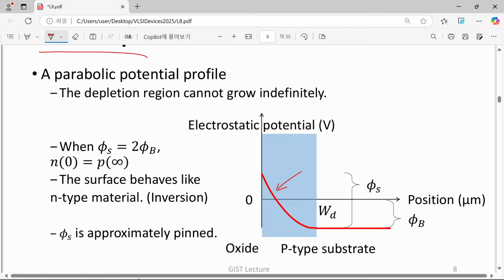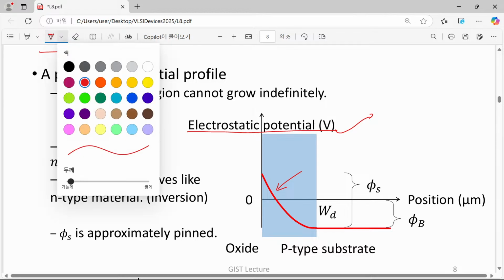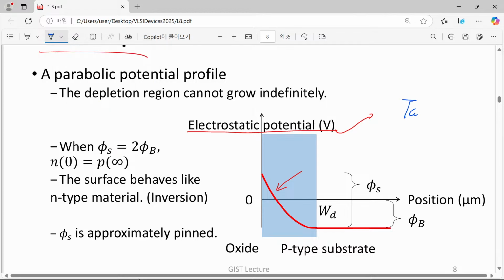Now you can see that if we just consider the potential profile, we will have a parabolic behavior here. Well, if this electrostatic potential is the one defined by Professor Tauer's notation, then we cannot have this non-zero value.